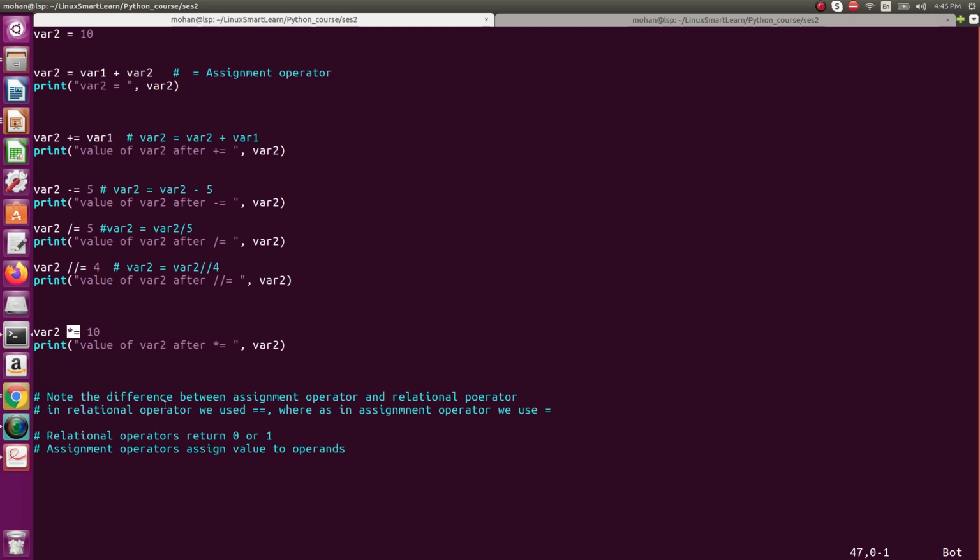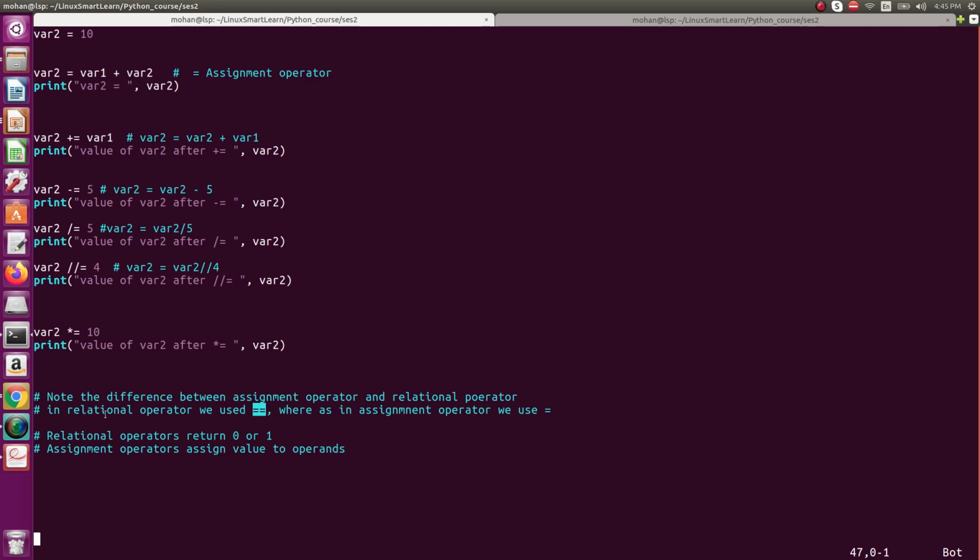Now as a note, let us see the difference between assignment operators and relational operators. In relational operators, we use the double equal to symbol. For example, in the previous example, we used if a double equal to b, if a less than equal to b, if a greater than equal to b.